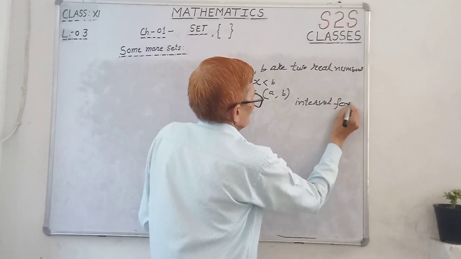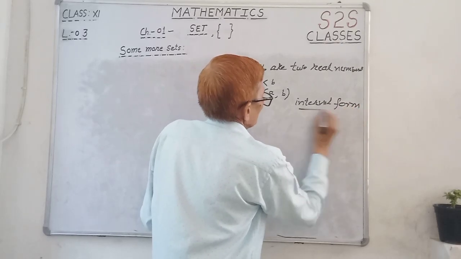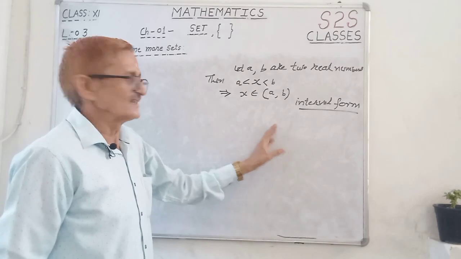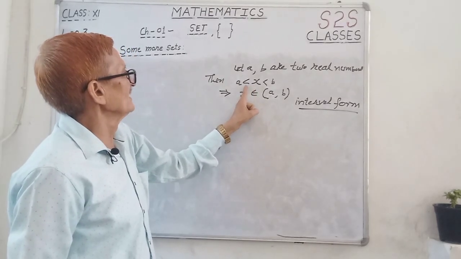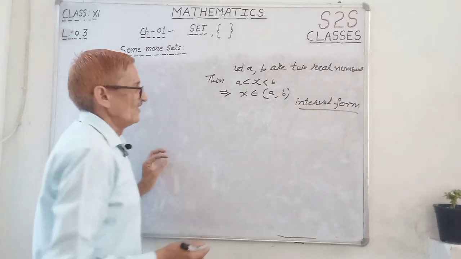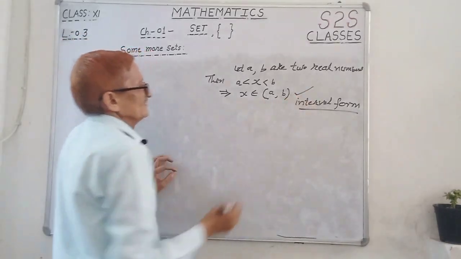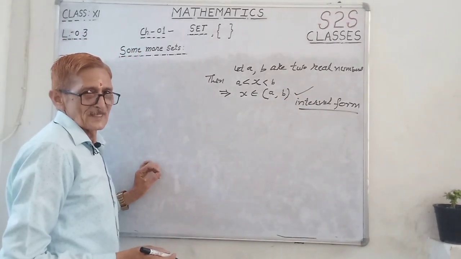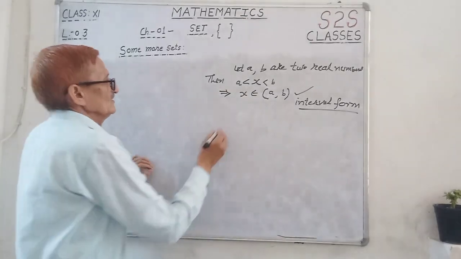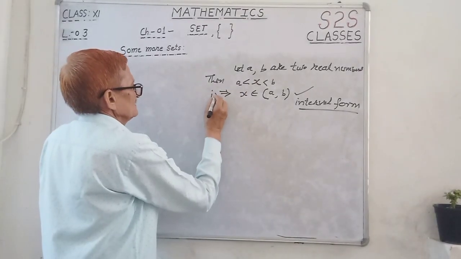Interval form. Any real number set we can write like this: if x is greater than a and less than b, all real numbers between a and b, we can write that x is a real number, so x belongs to this. So this is our first case.